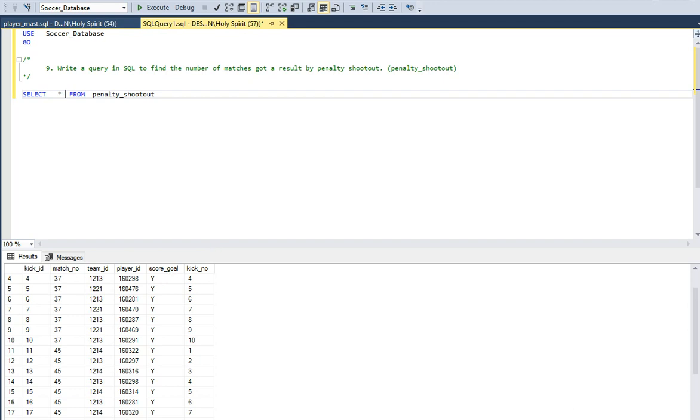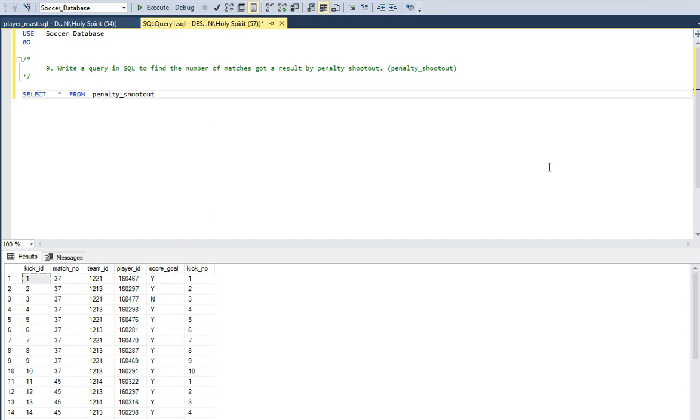Okay. Obviously here, write a query in SQL to find the number of matches got a result by penalty shootout. So this is a penalty shootout table. So here all these matches got a result by penalty shootout.